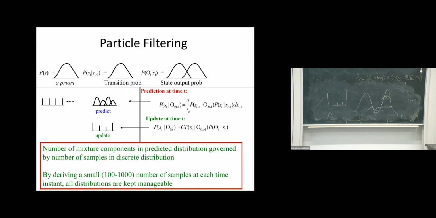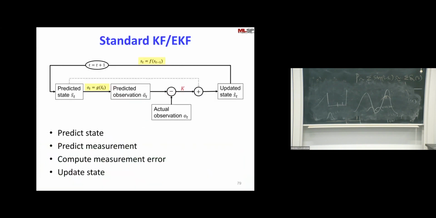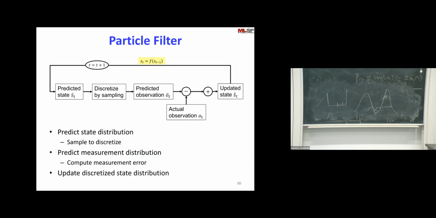Everybody with me so far? And you don't even need to go through the math. The pictures tell you the story, right? So this is the standard Kalman filtering, extended Kalman filtering approach, where from the current state, you predicted the next state, then you predicted the next observation, got the observation, found the difference, scaled the error in the observation by the Kalman gain, and updated your state, right?